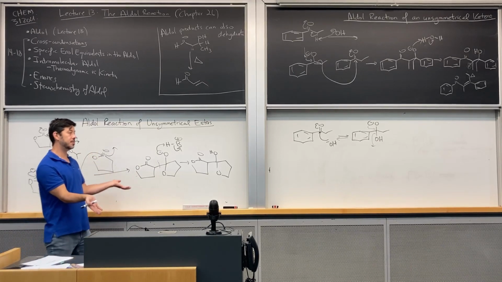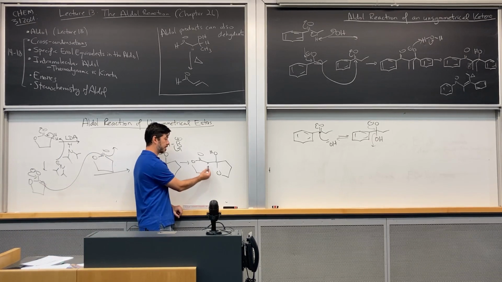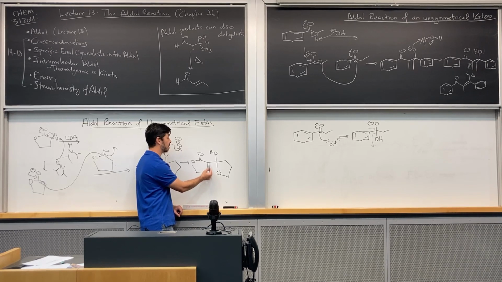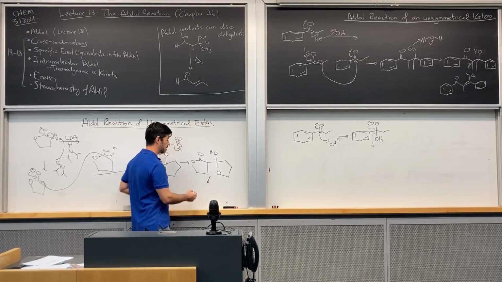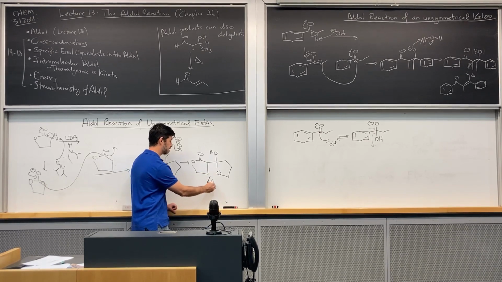If we do dehydrate it, then you're going to pick up this acidic proton adjacent to the carbonyl, the alpha proton. You're going to form the double bond here, and water will be gone. So the dehydrated product, if this is heated up, would look like this.